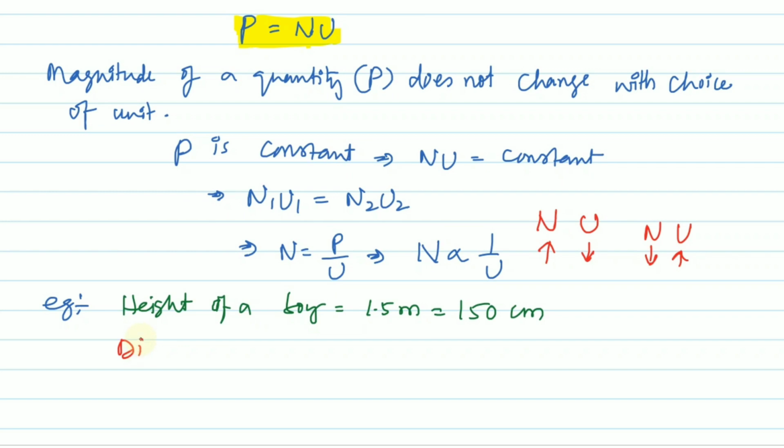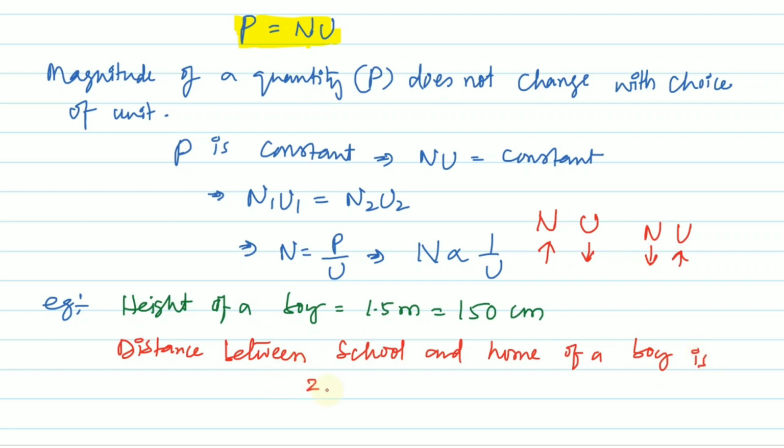Distance between the school and home of a boy is 2 kilometers. If you write that value in meters, we will write it as 2000 meters.